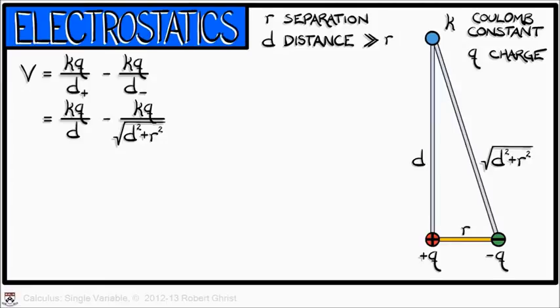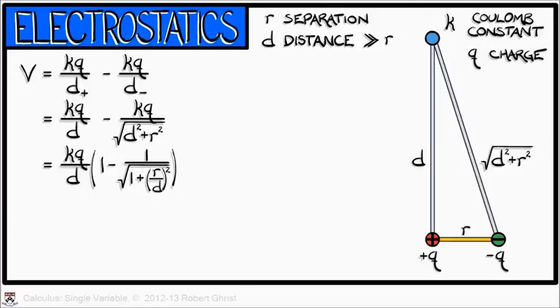We could stop there, but let's simplify this as much as possible. If we factor out kq over d, then we get a 1 from the left term. From the right term, we get 1 over the square root of the quantity 1 plus (r over d) squared.